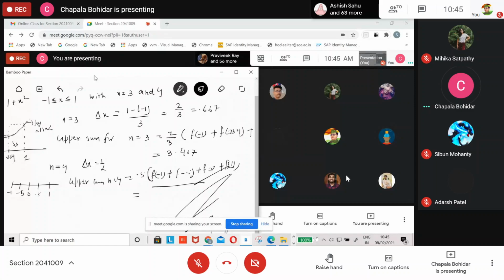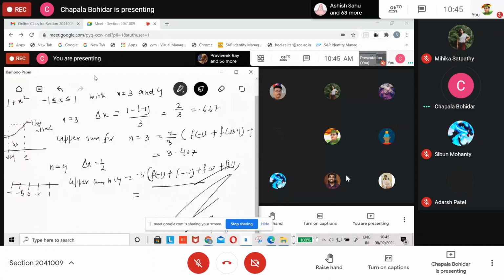Okay, then we come to the lower sum for n is equal to 3. Yes, it is 3.25. Okay.